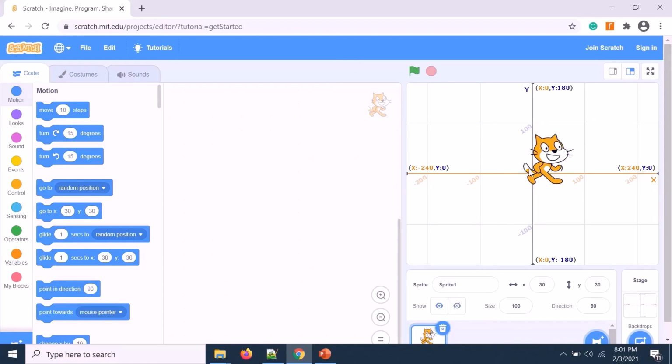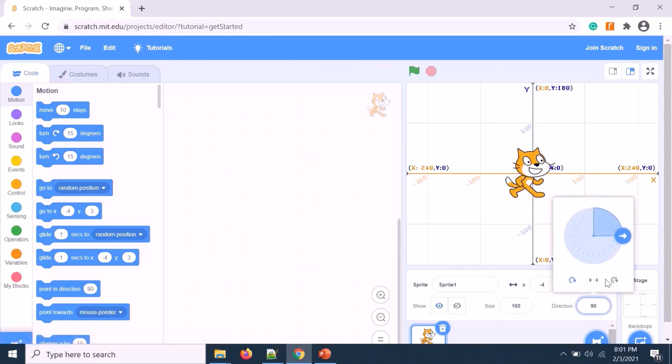Another important section is the direction. If you see, the sprite is in this direction, and if I click here, it shows 90 degrees. If I say 180, that is exactly half of the circle. Moving the other way is minus 90 degrees.